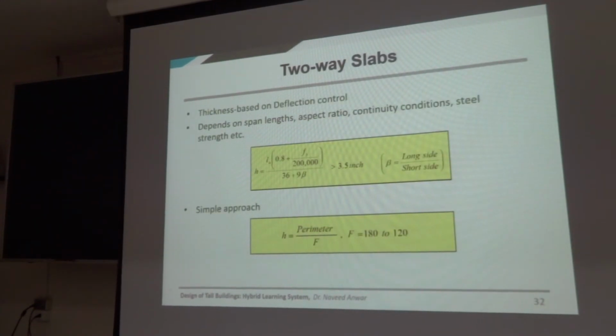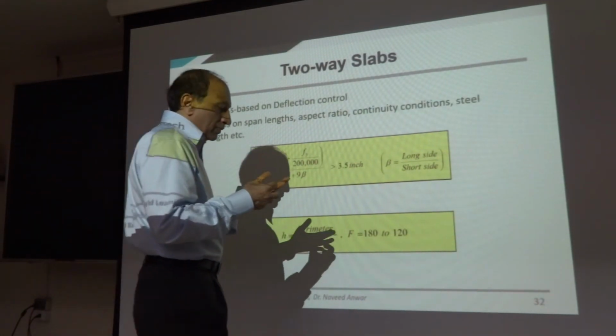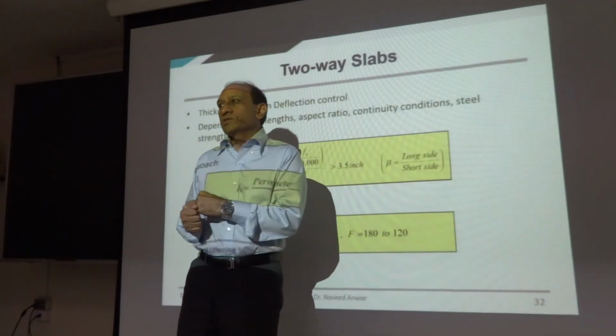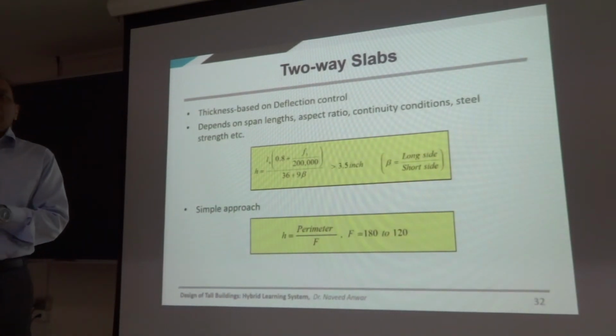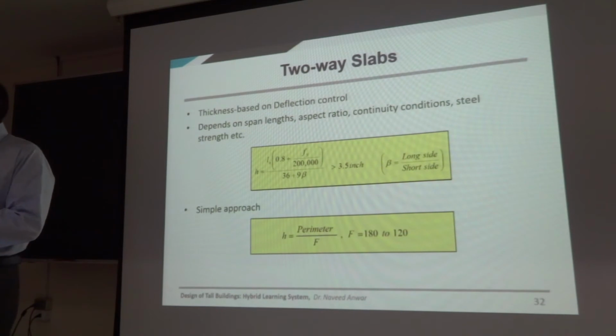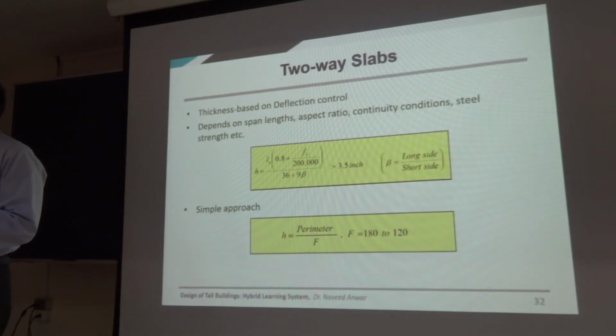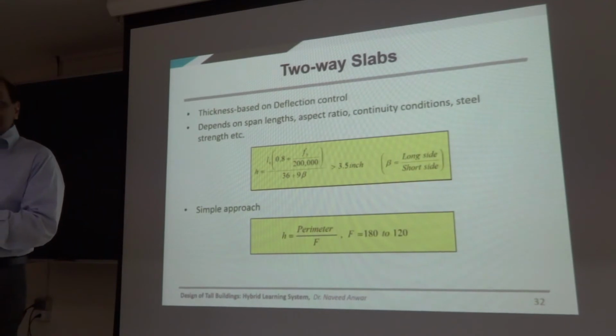But sometimes you need to do simpler design, and two methods are still used in offices quite a bit. One is the coefficient method for two-way slabs, and one is the equivalent frame method or direct design method for flat slabs. You need to understand those because those are the hand calculations still.